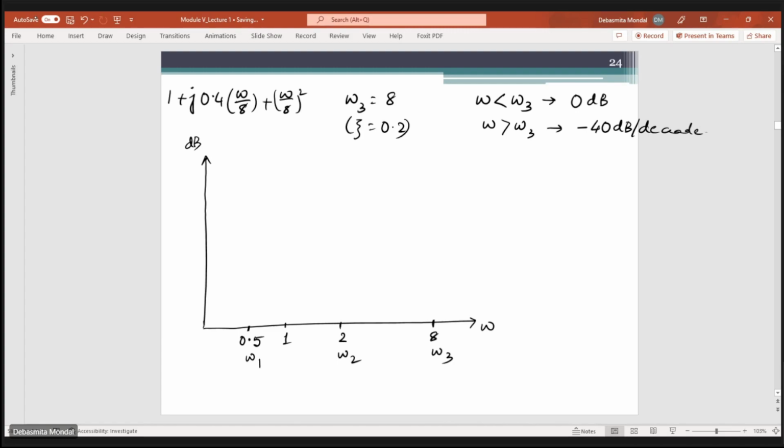Now we will draw the first asymptote. If this is the 0 dB line, at omega equals 1 the value of this straight line is 12 dB.